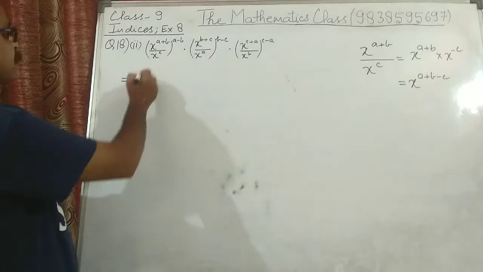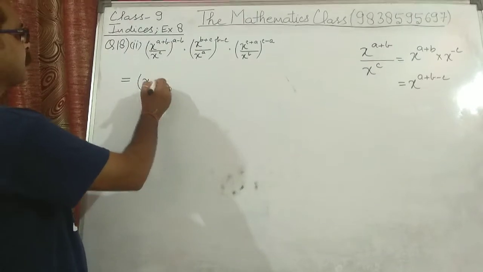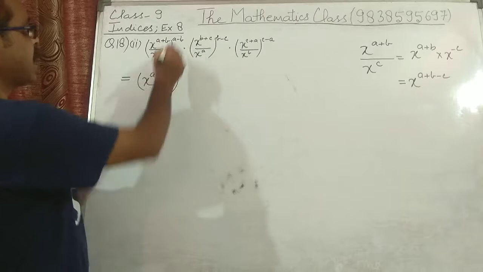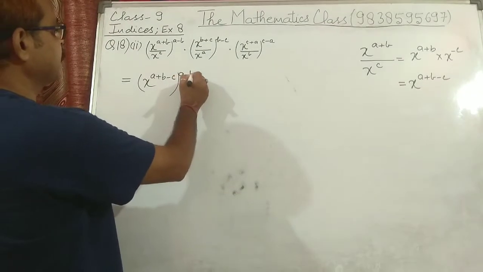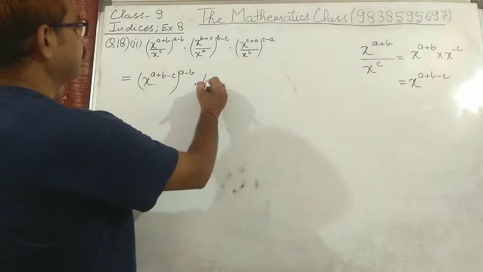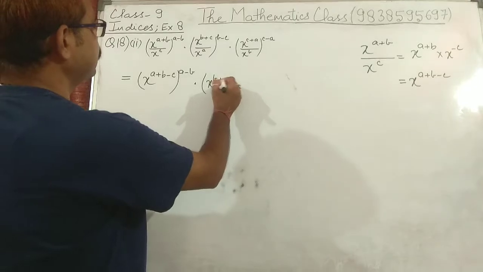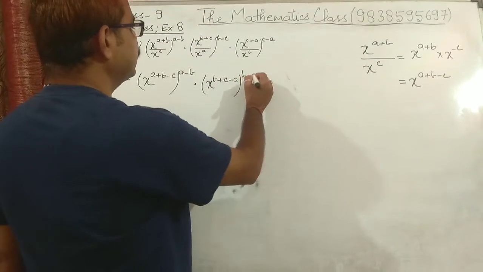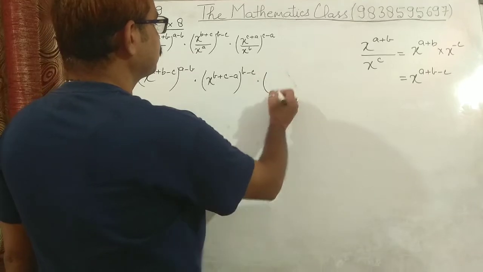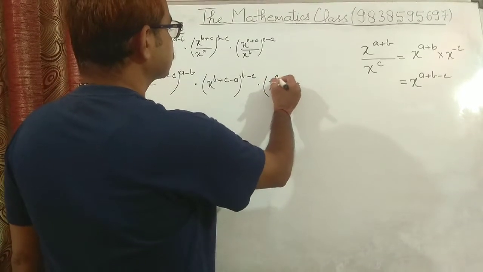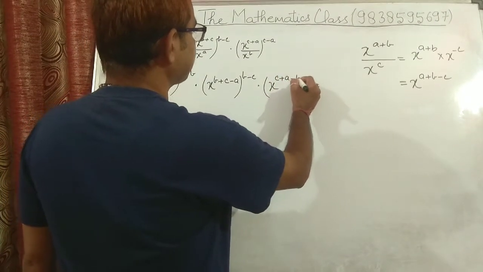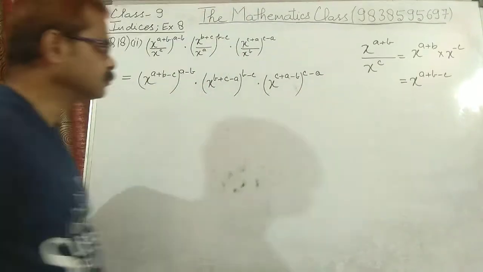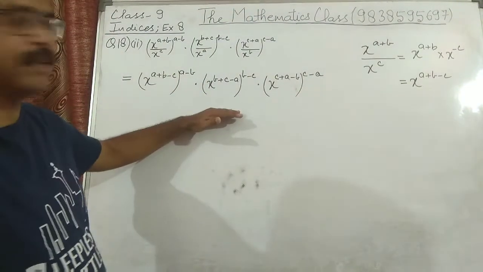So first, in place of this, I can write x to the power a plus b minus c, and whole power is a minus b into, similarly, x to the power b plus c minus a whole power b minus c into x to the power c plus a minus b whole power c minus a. I hope this is understood by everyone.